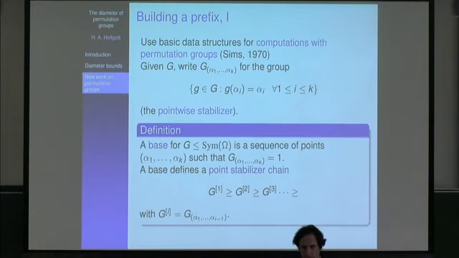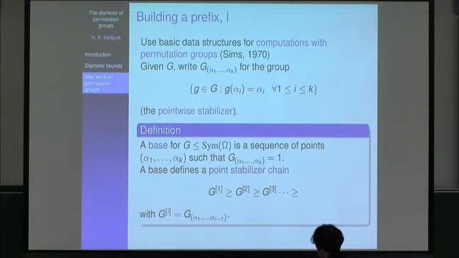So you first take a group G, or a set A, and then you consider the subset that consists of the elements that leave one point fixed, and then the even smaller set that leaves that point and another point fixed, and then the even smaller set consisting of things that leave those two points and a third point fixed, and so on. So you have this chain of inclusions.